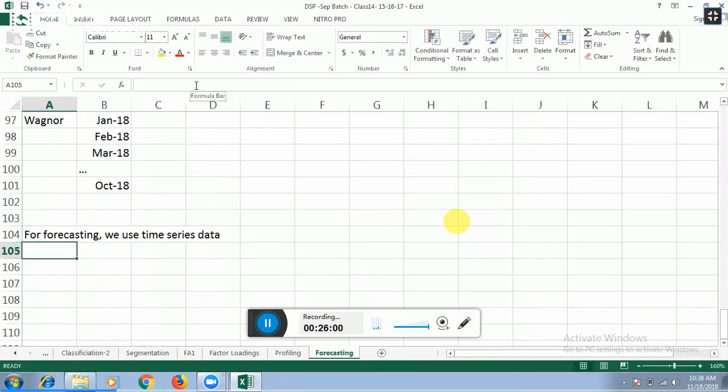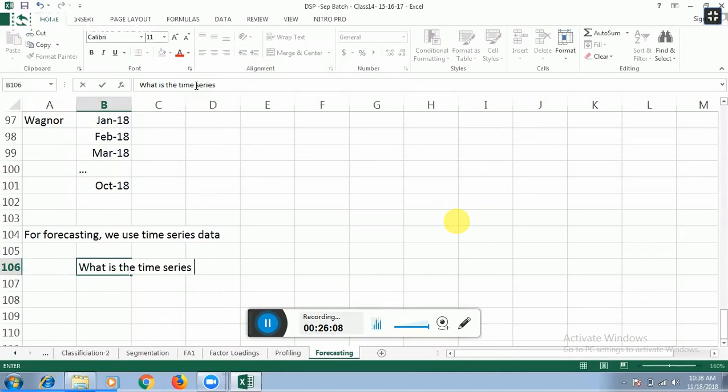Is that clear? So when I say time series data, what is the time series data? I think just now we discussed. What is the time series? A simple academic definition is a series of data indexed by time, called time series data.